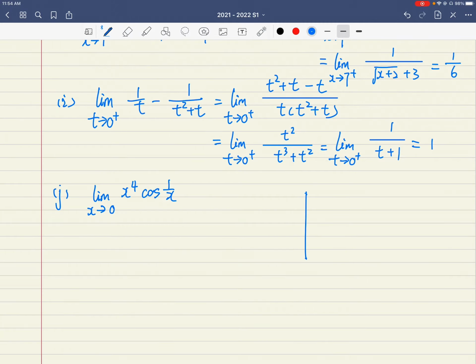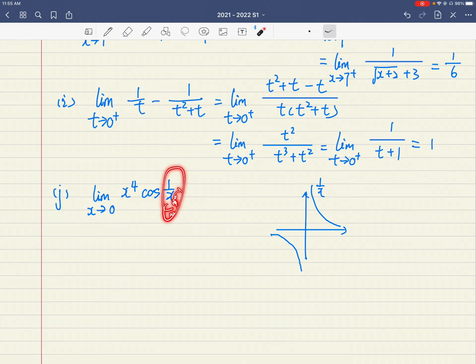You draw the graph, it's very obvious. Because 1 over x, when x is positive, it looks like this, right? When x is negative, it looks like this. Then when x is approaching 0, from the positive side, it's approaching positive infinity. From the negative side, it's approaching negative infinity. Okay, so this limit doesn't even exist.